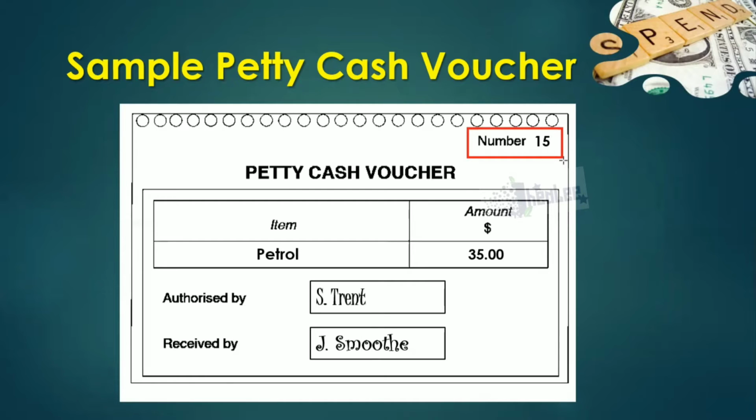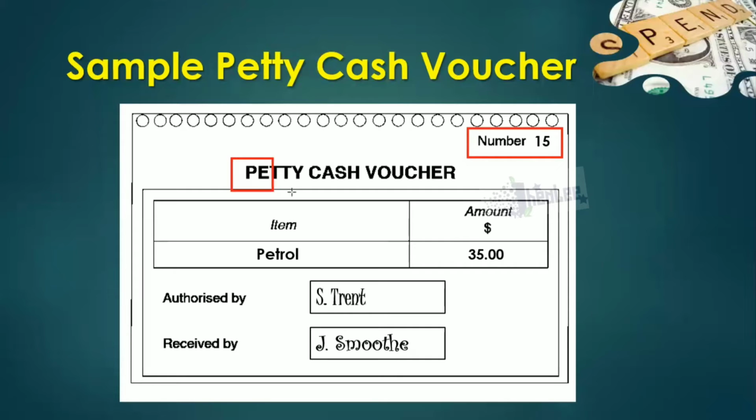Now, the numbers must be in consecutive order. So if there is any fraud or so, they should be able to pick up that.